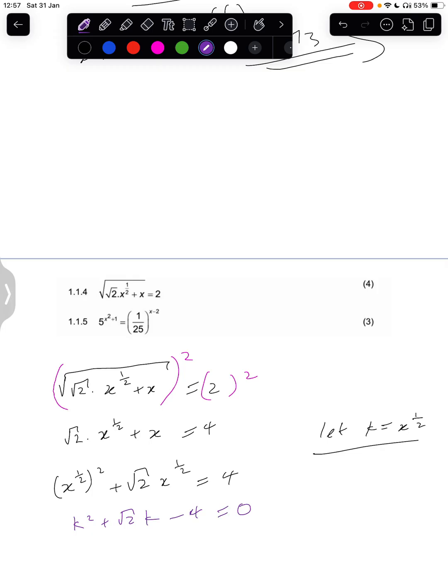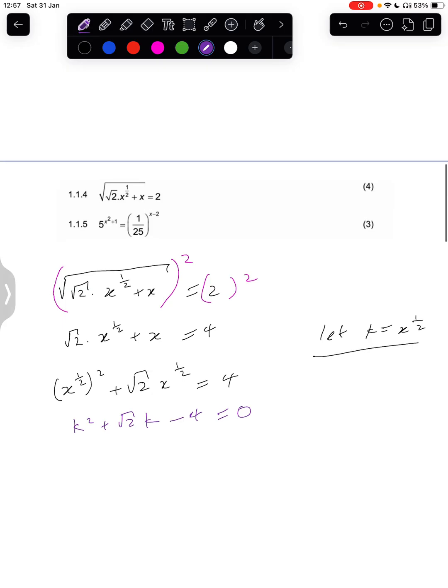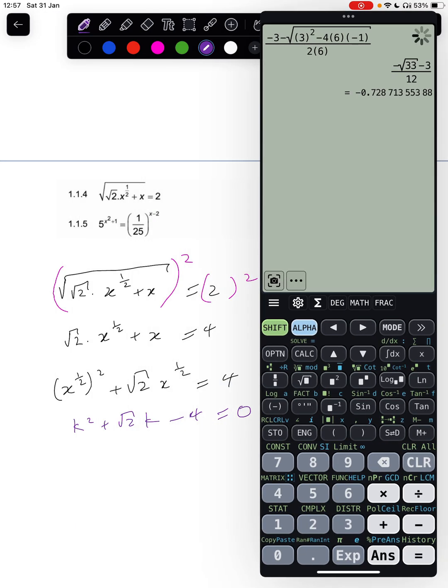Okay, then we would find the value of k using the quadratic formula. Let's see what we get when we do that. So we squared there, remove that, we still have another square root. Yep, I don't like the square root of 2 there.